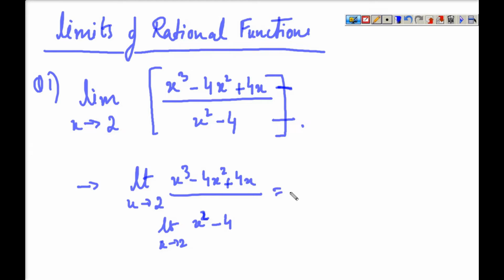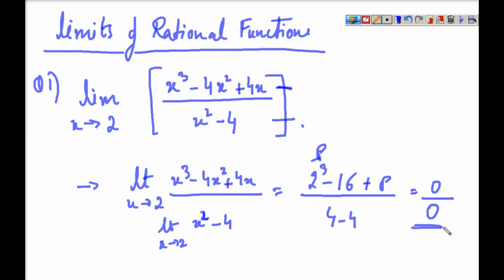In both cases, let's say it is continuous at x equals 2, so let's just put the value of 2 here. We get 2 cube, that is 8, minus 4 times 4, 16, plus 4 twos are 8, and 4 minus 4. So this is 8 minus 16 plus 8 is 0, and we are getting 0 by 0.